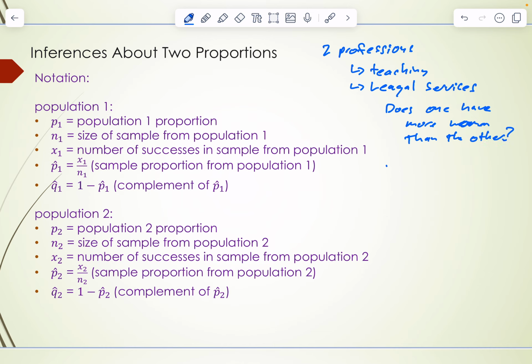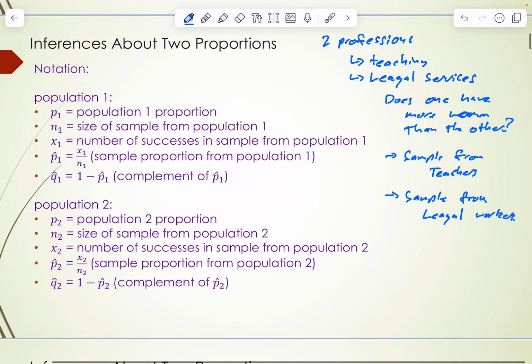And so what you do is you take a good random sample from teachers, and a sample from legal workers, and you will get a proportion from each sample.